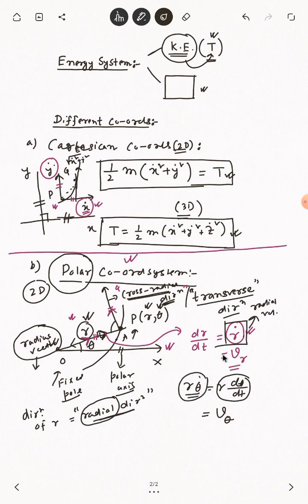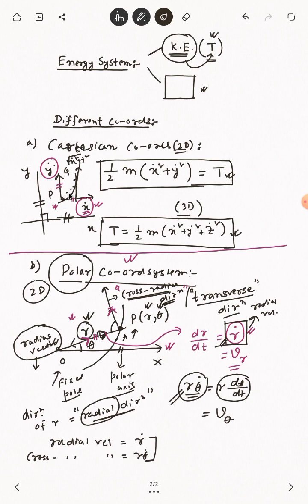So we have two important directions in the polar coordinate system, and along those two directions we have the expressions for velocity. We should write down here: the expression for radial velocity will be r dot, and the expression for cross radial velocity will be r theta dot.